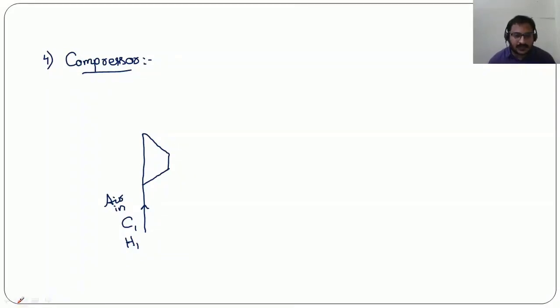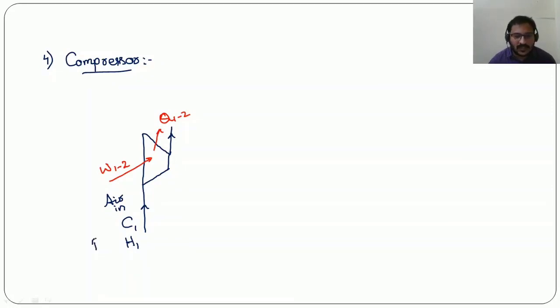Now in this compressor, air gets compressed because of the amount of work input that we are giving to the compressor. So we need to supply certain amount of work to the compressor such that certain amount of heat will be rejected to the surroundings, and here the air gets compressed and comes out with a greater pressure and temperature.